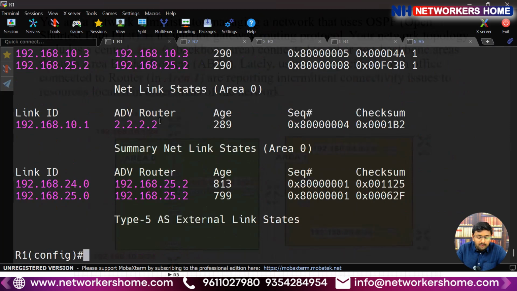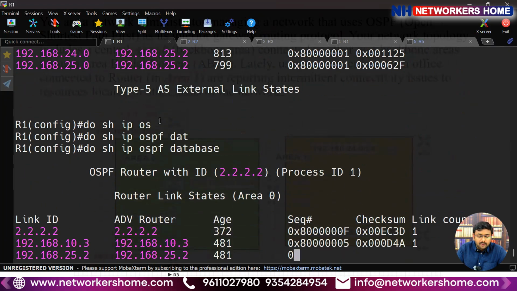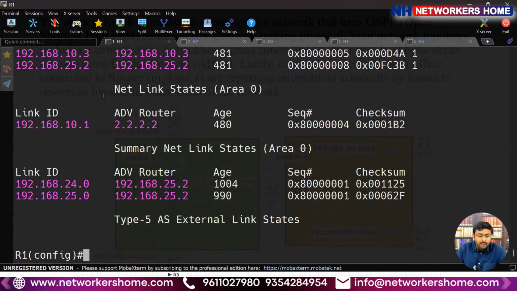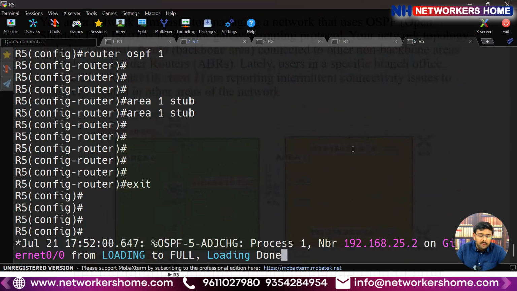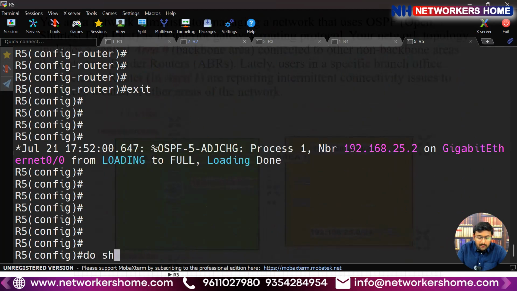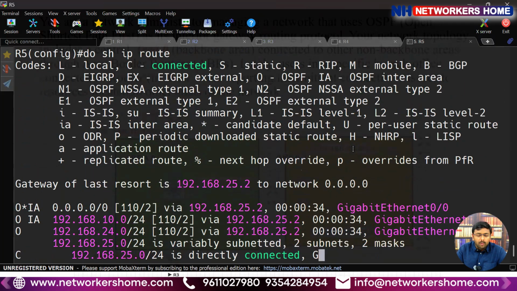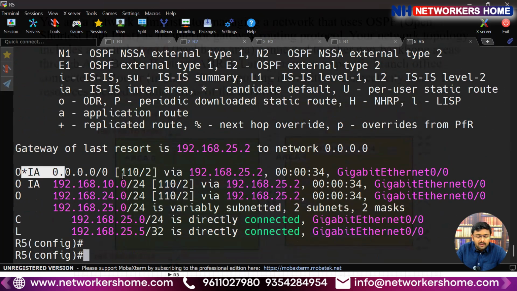On router 1, do show ip ospf database, we will have all these things, but on router 4 and 5 we are not receiving that. We will receive that route information, but as a default route, not as exact route information, that is 0.0.0.0/0. So this is the use of the stub.